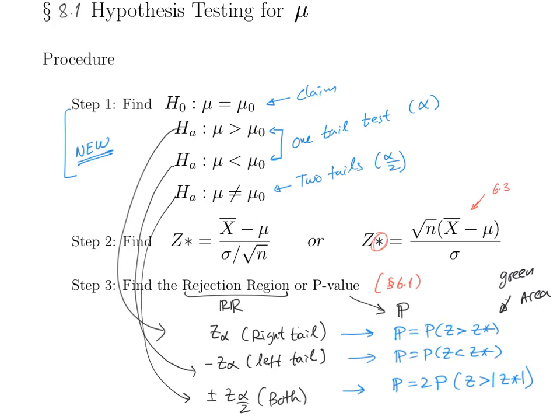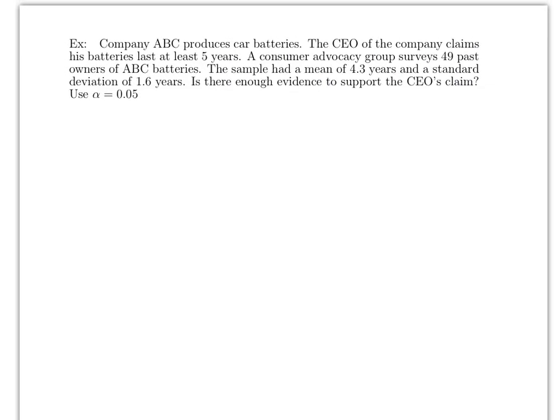Okay? All right, so here it says company ABC produces car batteries. The CEO claims, so here is the key, claims that the batteries last at least 5 years. So technically, the claim is that the average is at least 5 years. And it says greater or equal to 5, but H0 should always be with the equal sign.